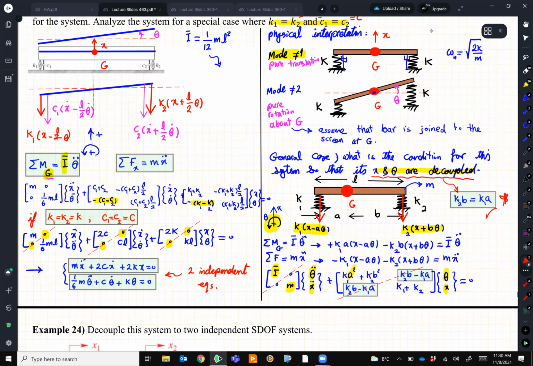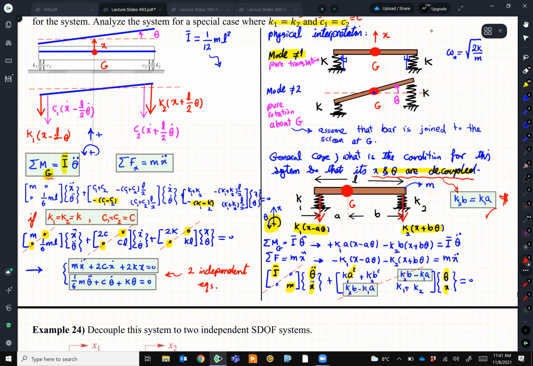I said principal coordinates don't have any physical meaning. Just mathematically, we make our stiffness and mass matrices independent. Sometimes, like in this example, the actual coordinates happen to be the principal coordinates, and they have some physical meaning.